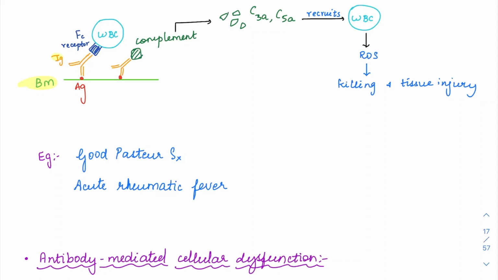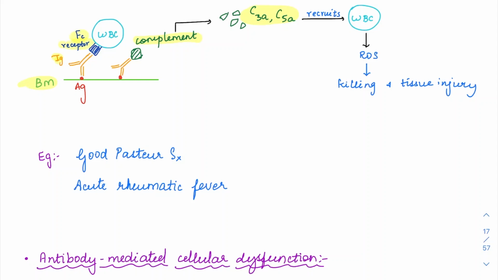So against this antigen, antibodies are going to be formed. We have the complements which can attach to the Fc part of this immunoglobulin, and that will result in the activation of the complements. Activation of the complements will produce complement products like C3a and C5a. C3a and C5a are anaphylatoxins, right? So they can recruit further more WBCs.